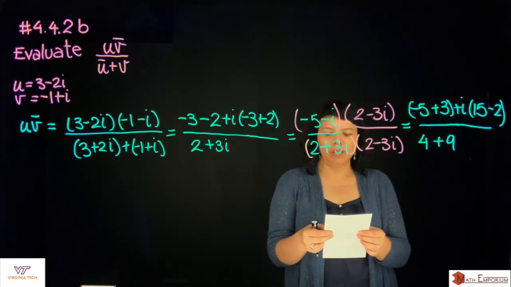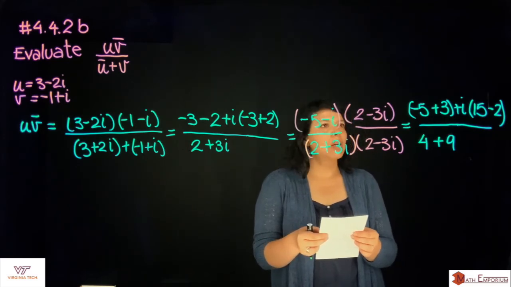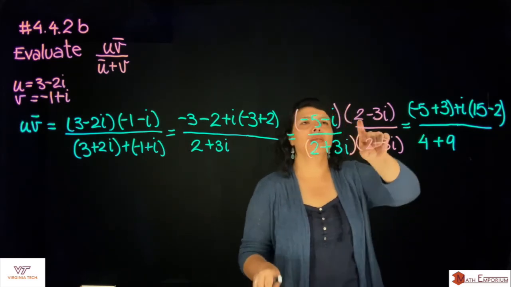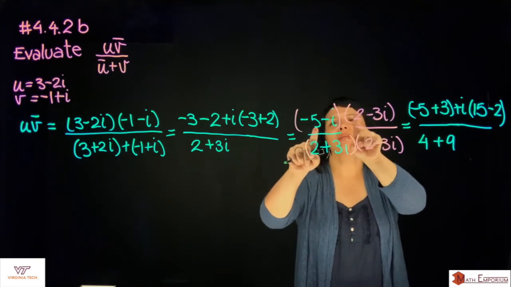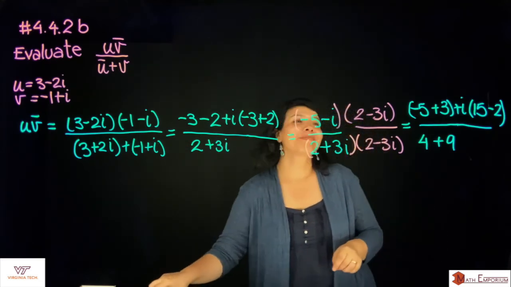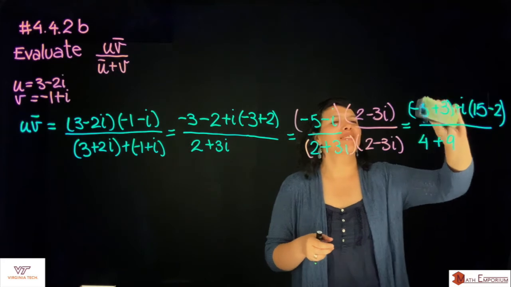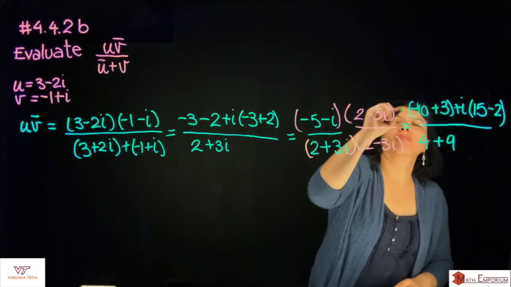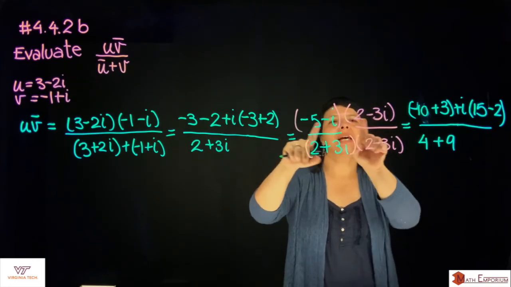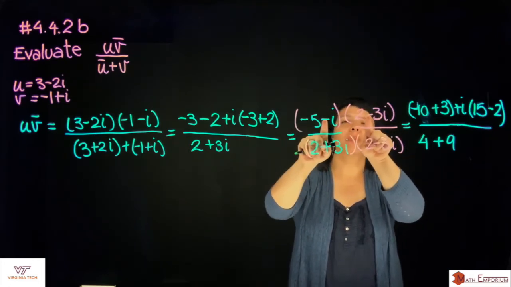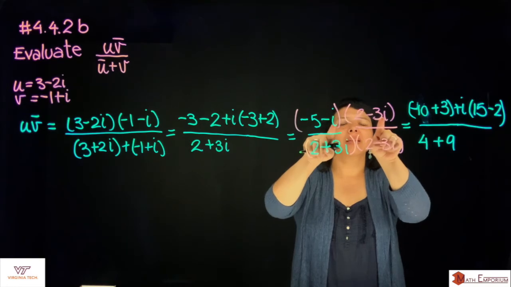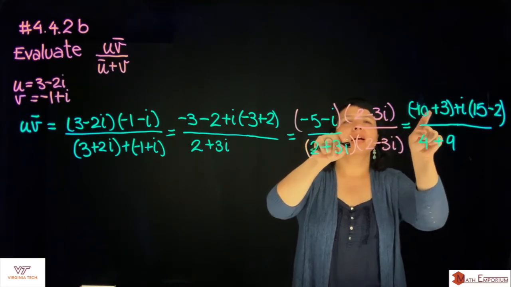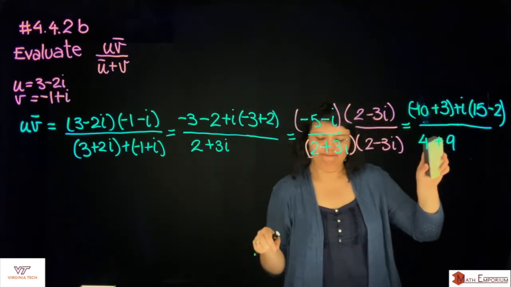Minus 5 minus i. Yeah, I did something weird here. So let's see. Oh yeah, these two should be multiplied. So that's negative 10. So negative 10, and then minus times minus is plus, but i squared is negative 1, and then should be negative 3. Yep.